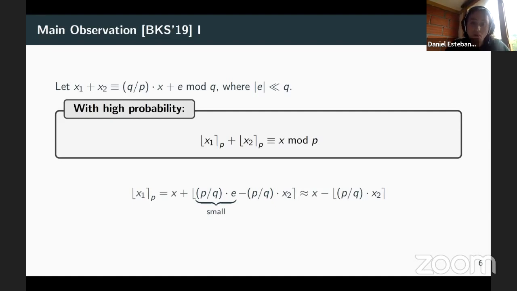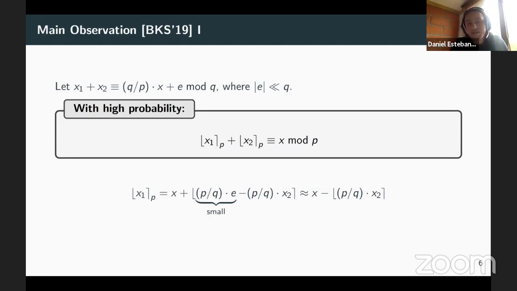But this thing will be small, and we're going to choose the parameters so that this summand is small enough that it doesn't affect the rounding, and what this ends you up with is X minus the share x2 rounded to P.